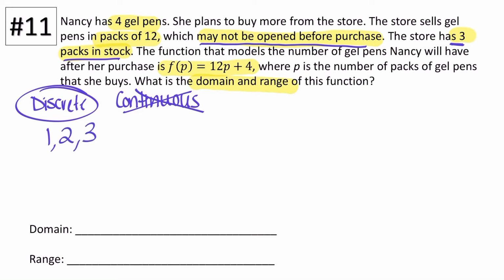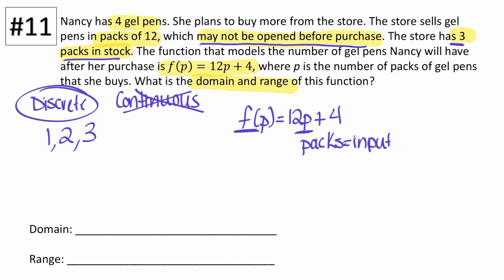So remember, our domain is going to be the input values. Let's look at the function f of p equals 12p plus 4. What is the input value in this function? Based on how it's written, we can see that p, which is the number of packs, is the input. F of p, which is the total number of gel pens she has, the number of pens, is the output.